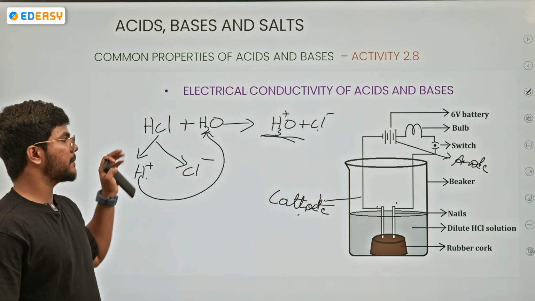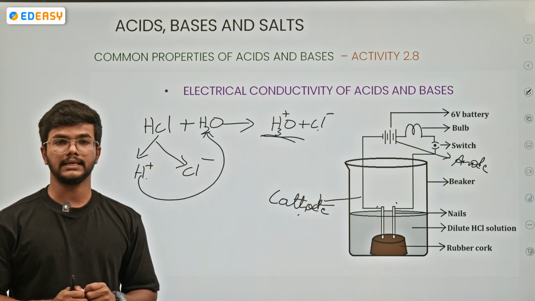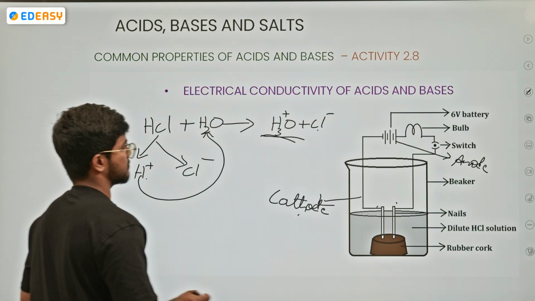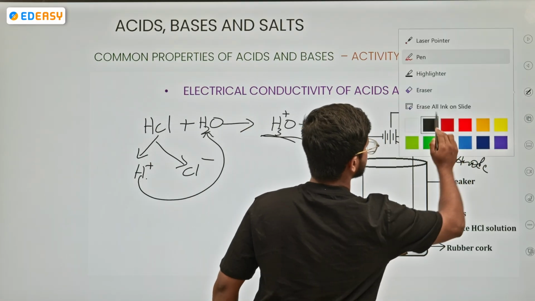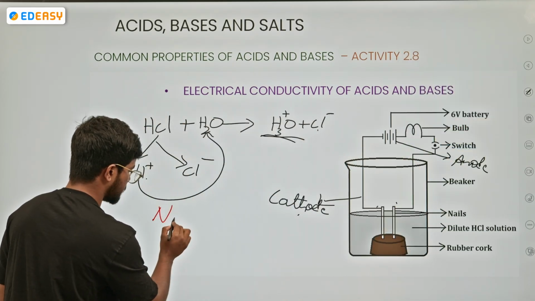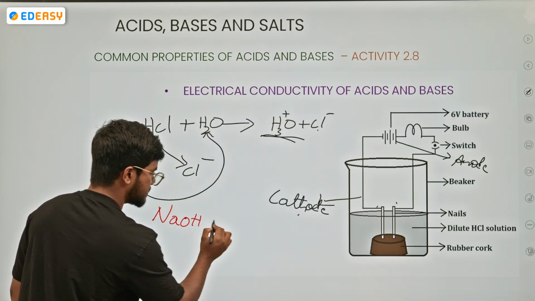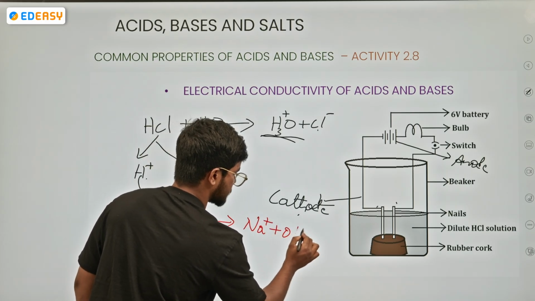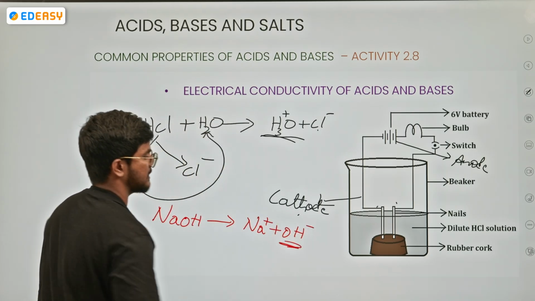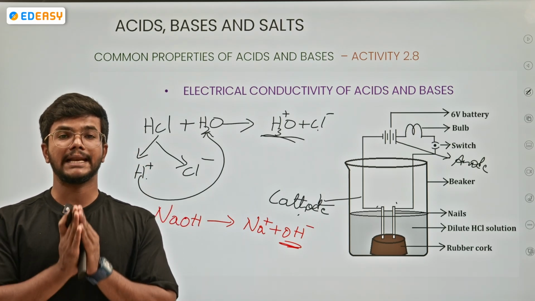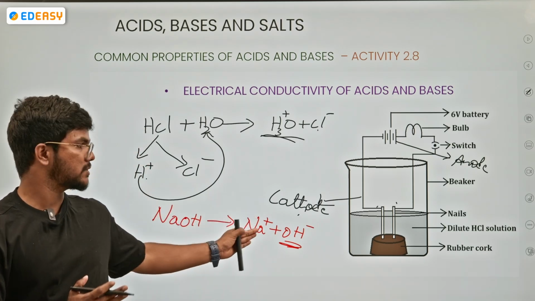Okay, hydronium ion can conduct electricity in the acidic solutions, whereas in the basic solution like NaOH, when it is dissolved in the water, it gives Na plus and OH minus. This OH minus and Na plus are responsible for the conduction of electricity in the aqueous solution.